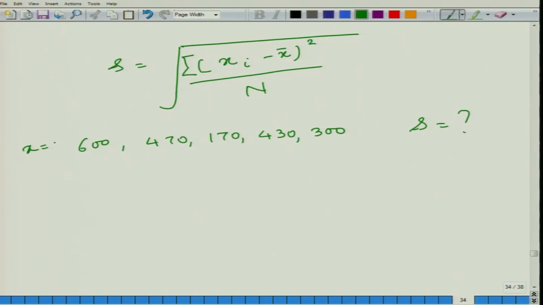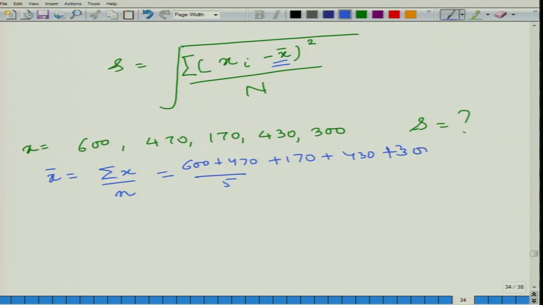So, how do we go about doing it? The first step would be to find out x bar. Now, x bar, that is the mean, is given by the sum of all x divided by n. Here we have 5 values and we take 600 plus 470 plus 170 plus 430 plus 300 whole divided by 5, and this value comes to be 394.